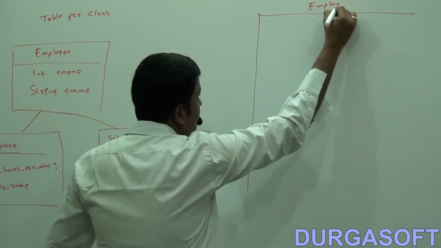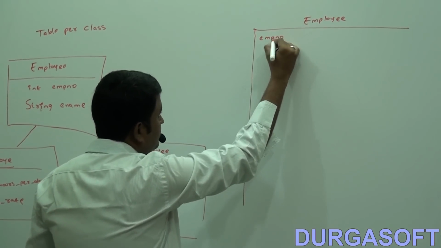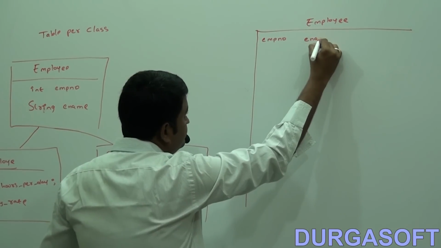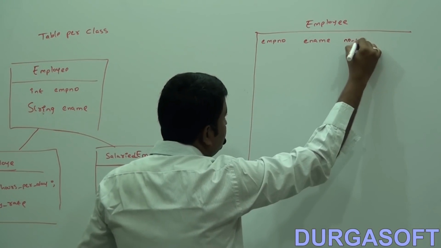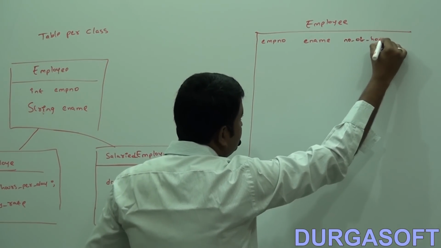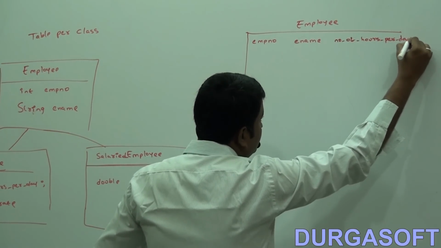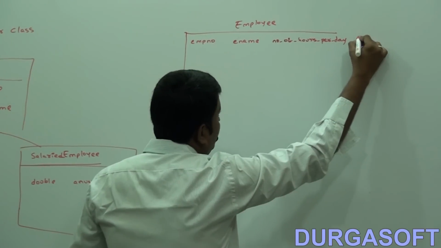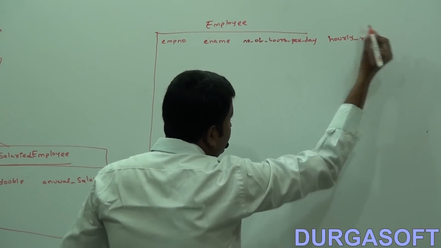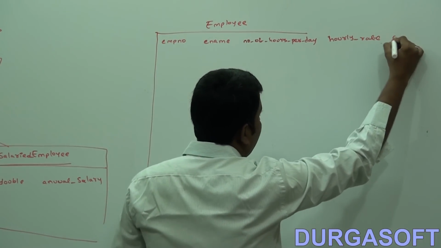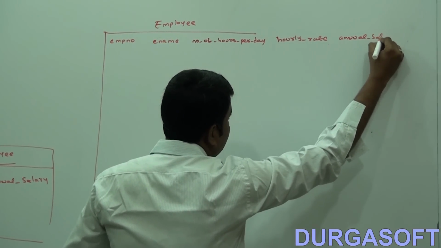This employee table contains employee number, employee name, next number of hours per day, next hourly rate, next annual salary.